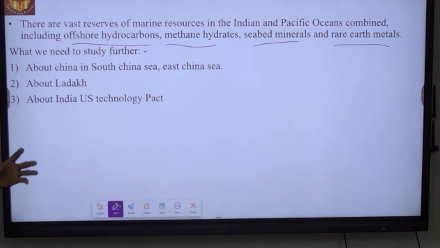So this is the power tussle that is going on in the Indo-Pacific region because of the richness of the region, which we have seen in the previous slide as well as in the present slide.